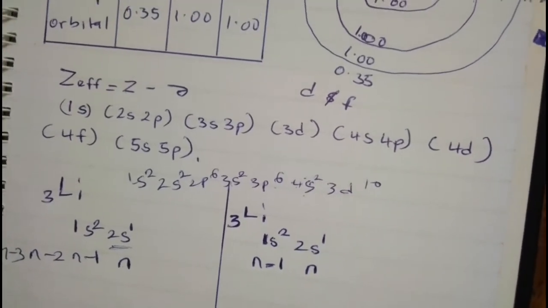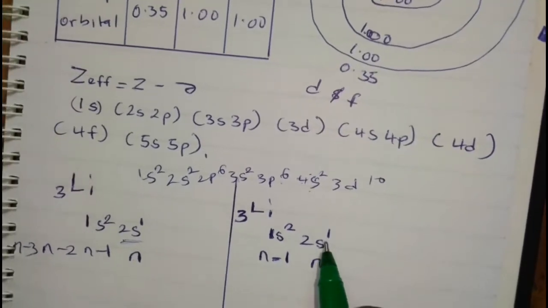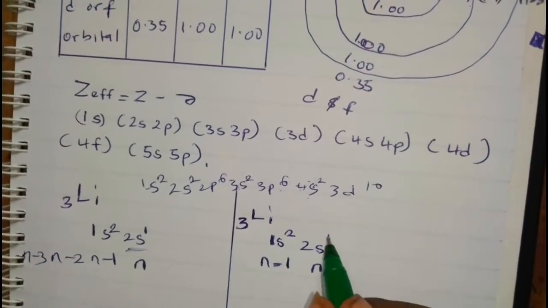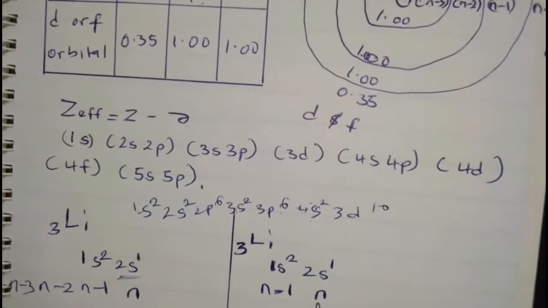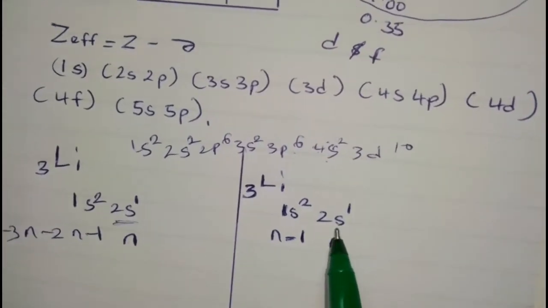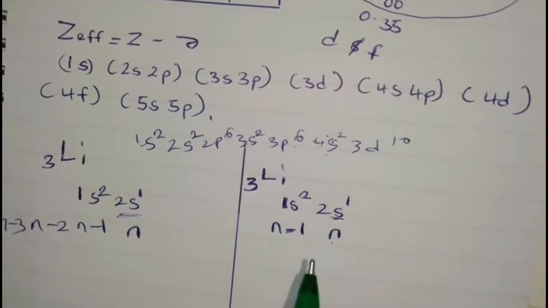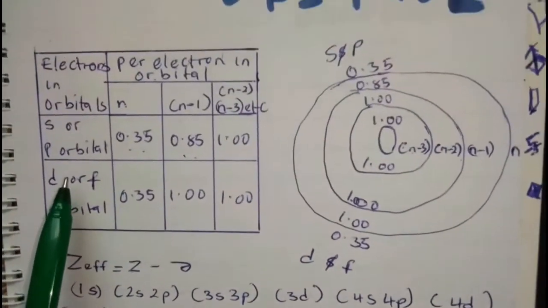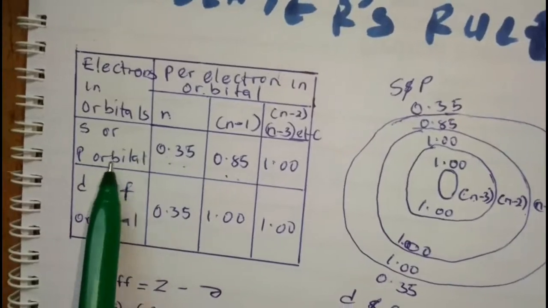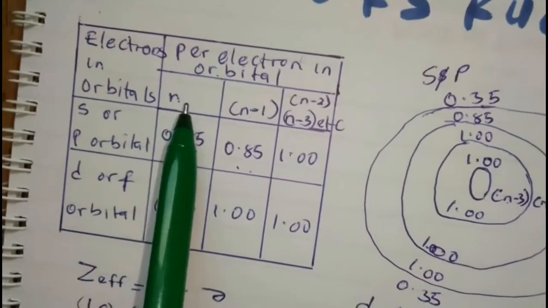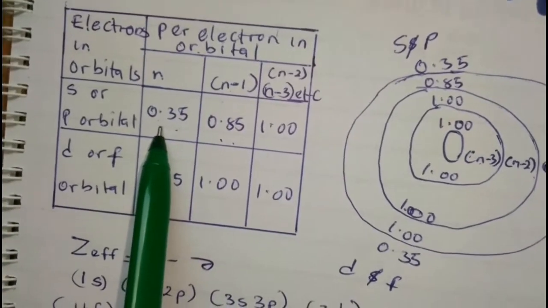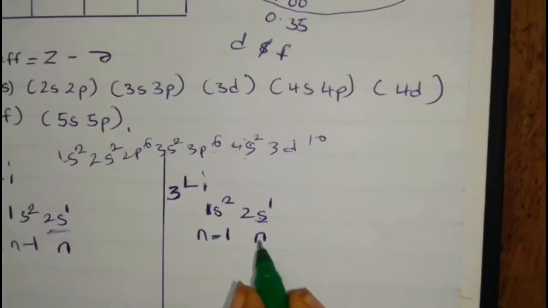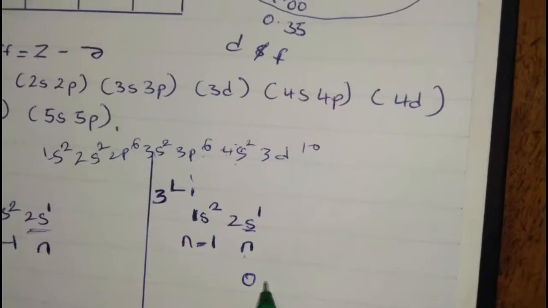So according to the rule, this 1 becomes 0. This is an s orbital, and from our table, an electron in an s or p orbital that is in the n shell gets 0.35, so this will be 0 times 0.35.